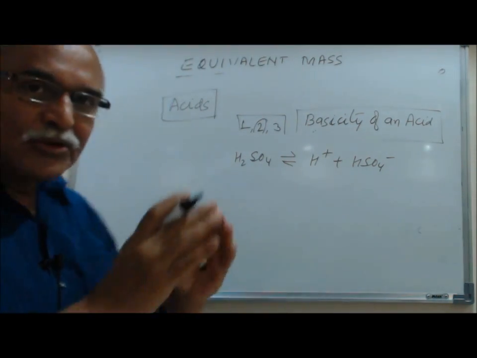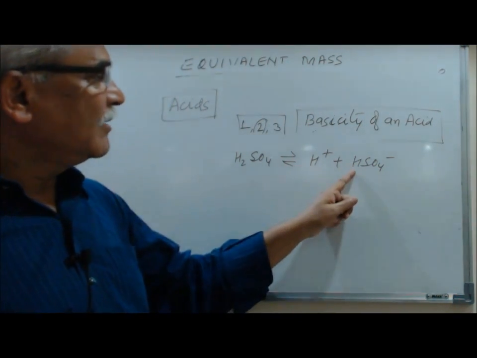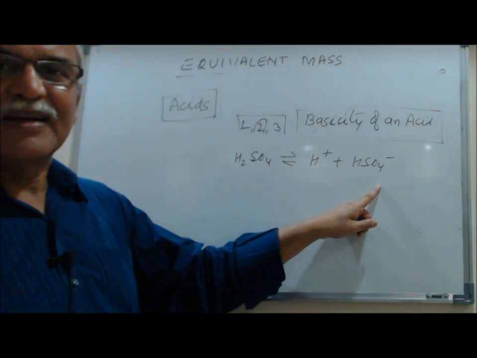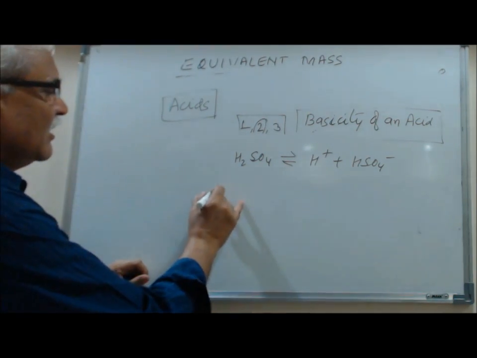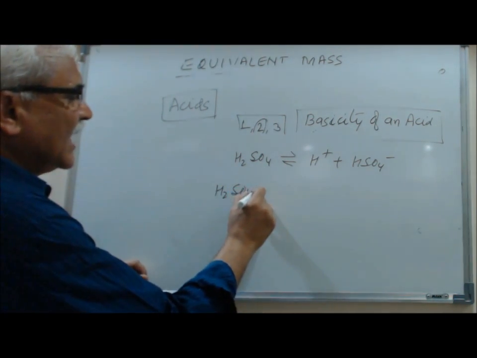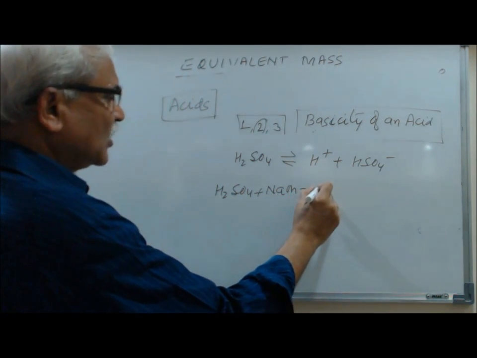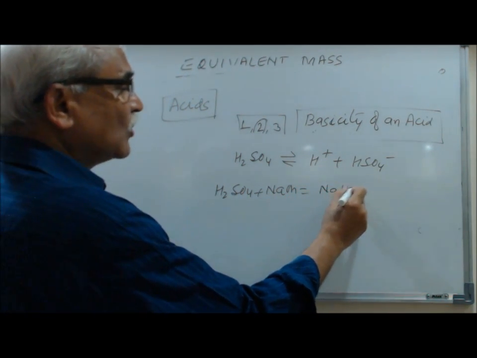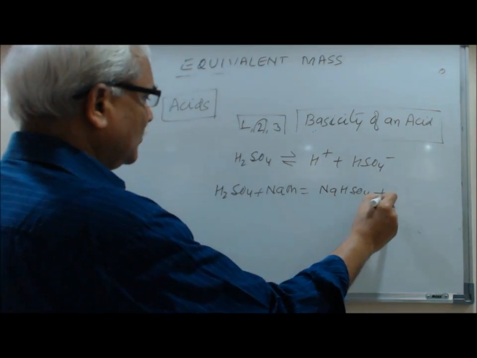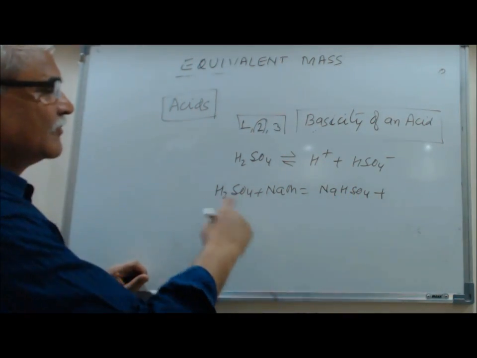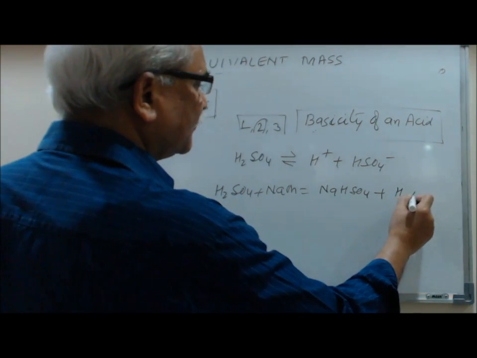Sulfuric acid can dissociate as one proton and bisulfate. Example, when sulfuric acid reacts with NaOH in such a way that the first product is NaHSO4 plus water.